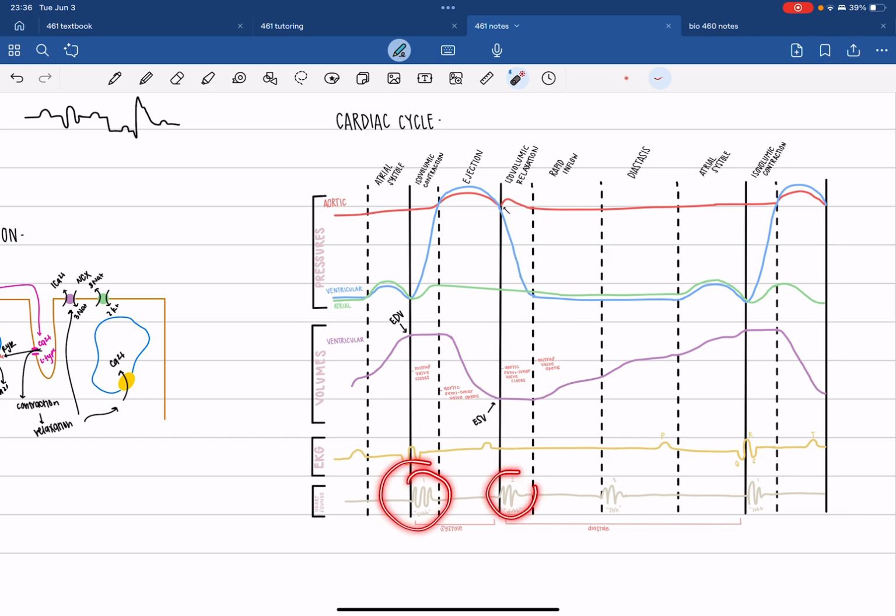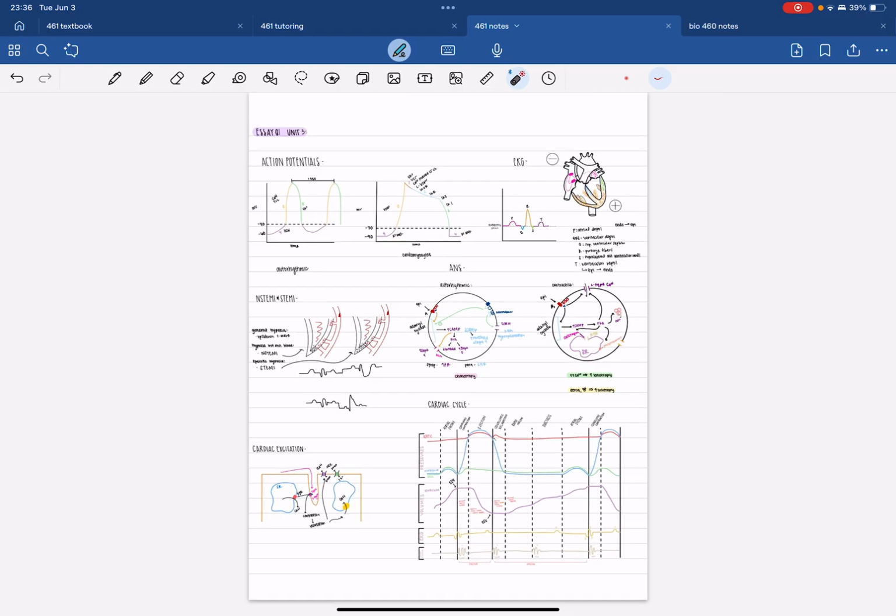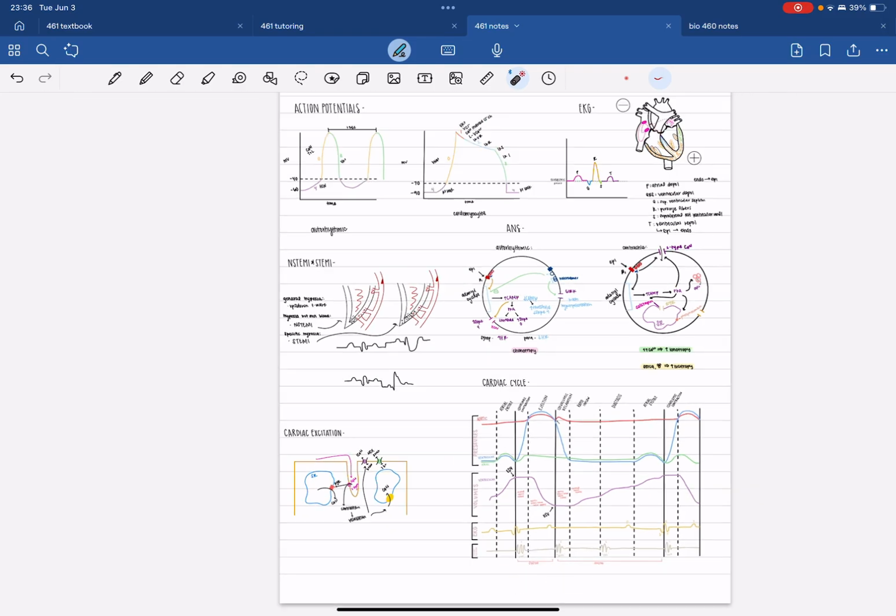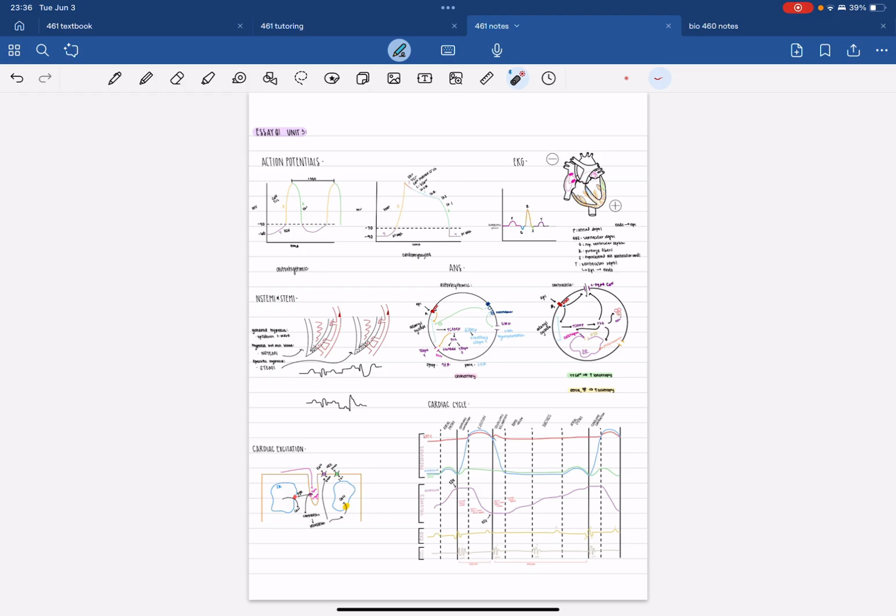If we hear a lub, dub, sh, then we're probably hearing a problem with the aortic semilunar valve, all of those things. So we can just kind of pick and choose. Obviously, a patient can pick and choose, but we can learn from that to see how well we're doing.